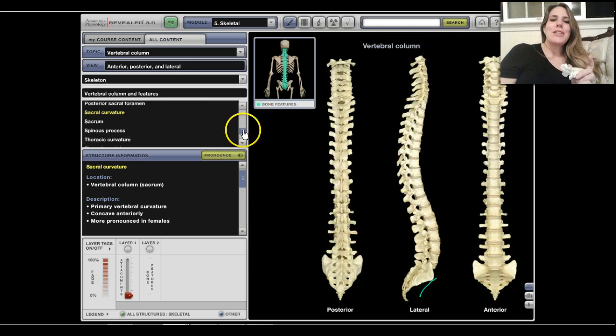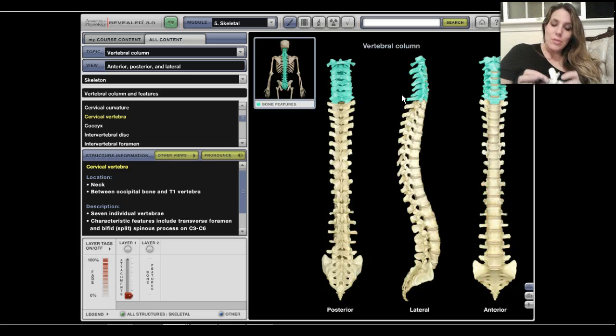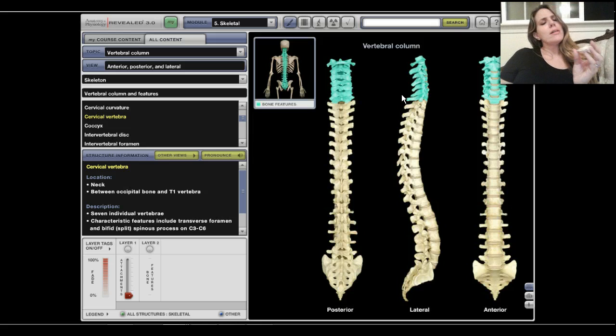But here's what's fun. Let's go back to the cervical area. Let's start at the top and highlight our cervical vertebrae. There are 7 of them. So this is one of them. This is C1, your first cervical vertebra, called the atlas. You're like, the atlas, why do they call it the atlas? Well, remember those occipital condyles on the inferior side of the skull?